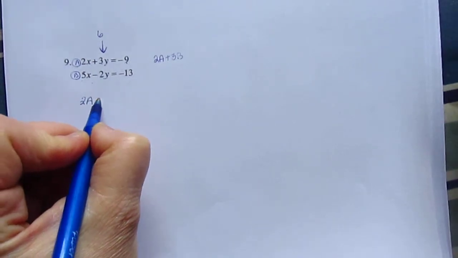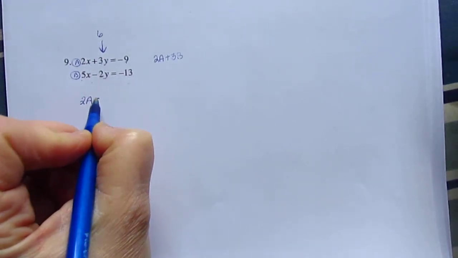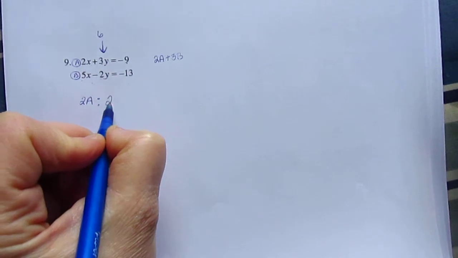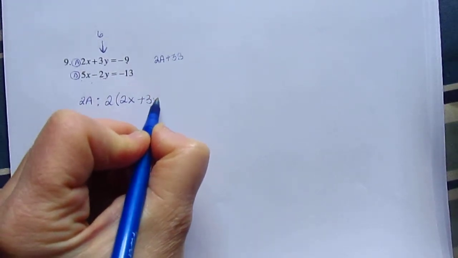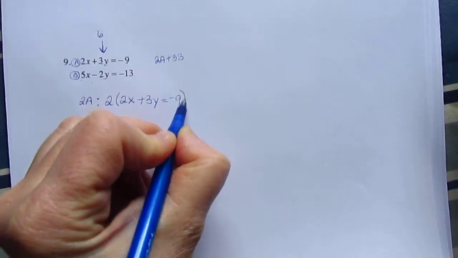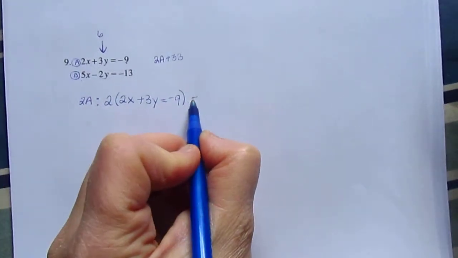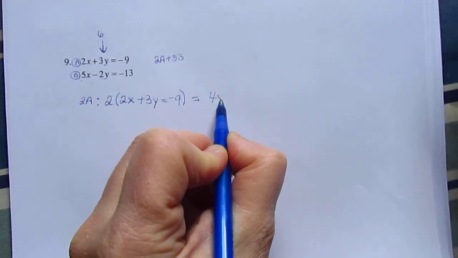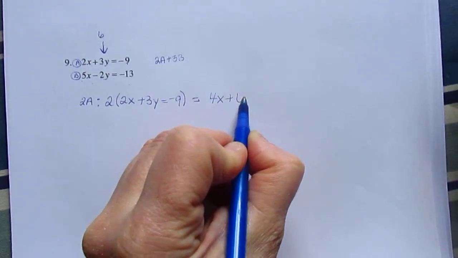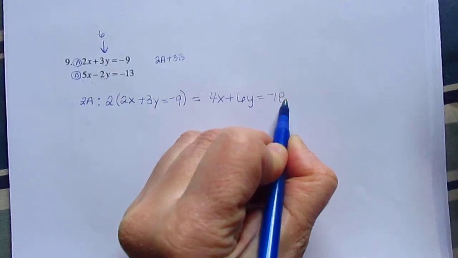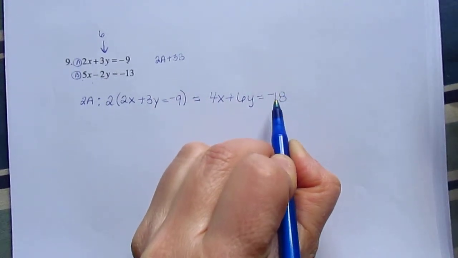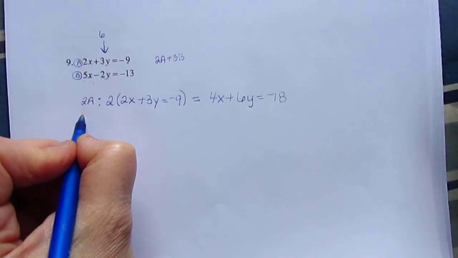I'll write it all out. 2x plus 3y equals negative 9. So I'm going to write that over here. I get 4x plus 6y equals negative 18. Do not forget to multiply the other side.